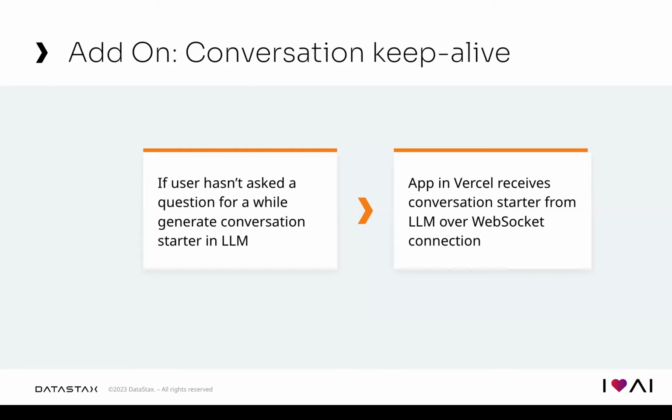We can add this very easily by building another application that taps into the same set of topics and the pipeline: a keep alive for the conversation. If the user hasn't asked a question in a while, this pipeline will try to get the conversation going for more engagement. And that's because we're doing streaming here. We're not sending a request and waiting for a response. We can asynchronously send data to the front end anytime we want.